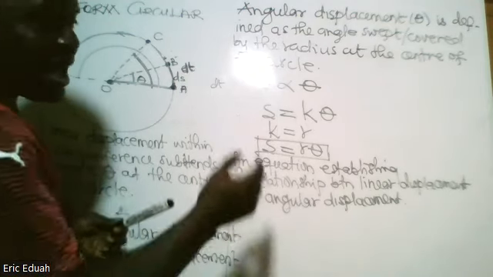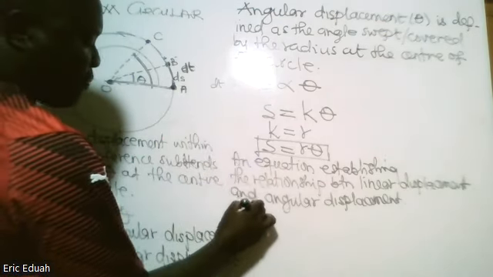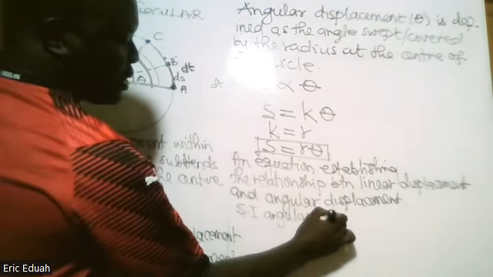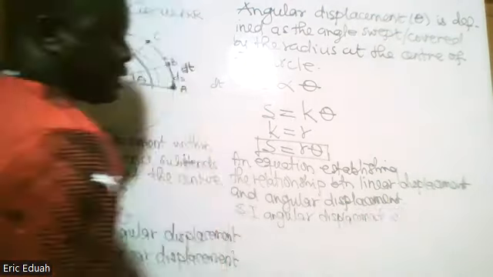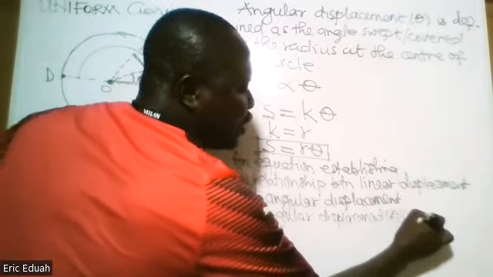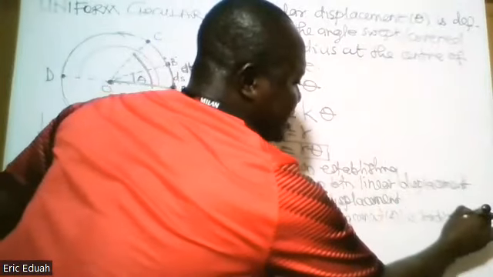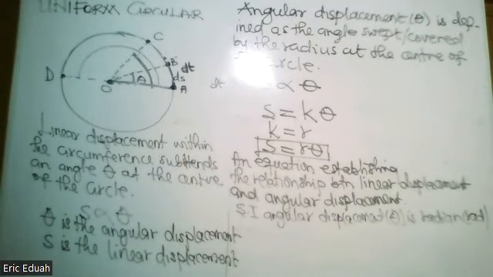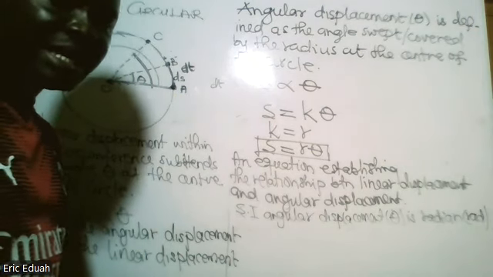Other subunits can also be centimeter. But the SI unit of angular displacement theta is radian, which is shortened as rad. So the SI unit of angular displacement is radian.